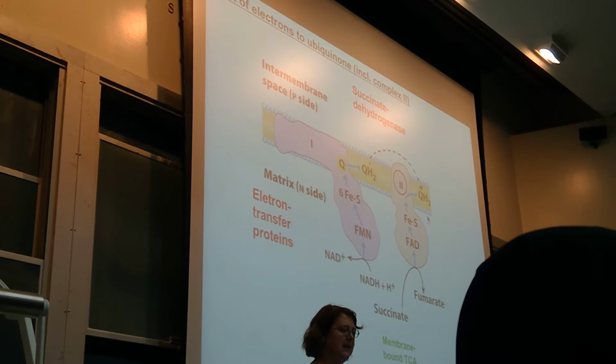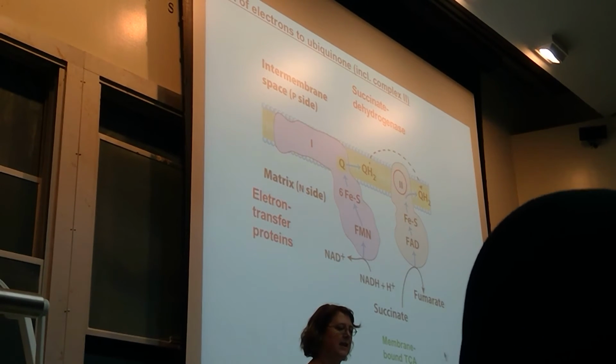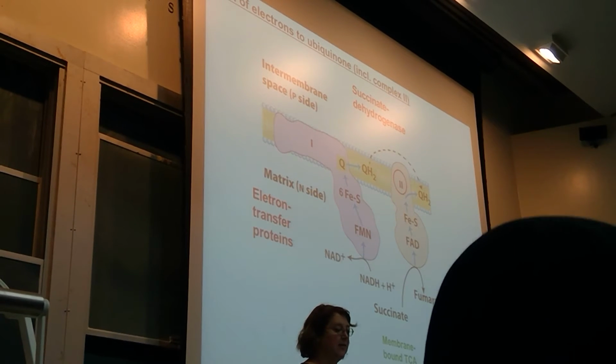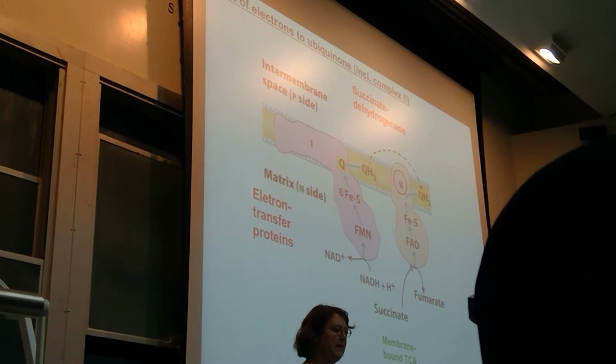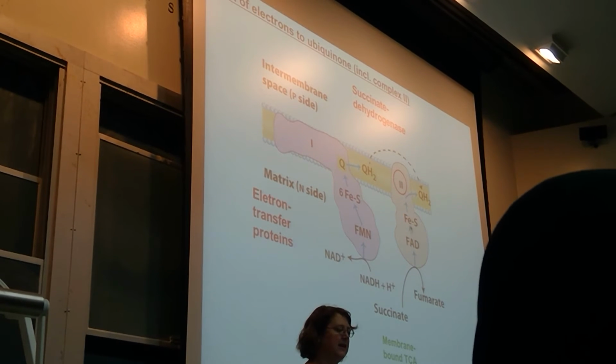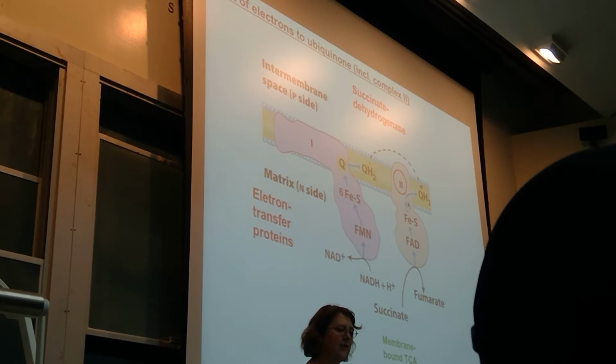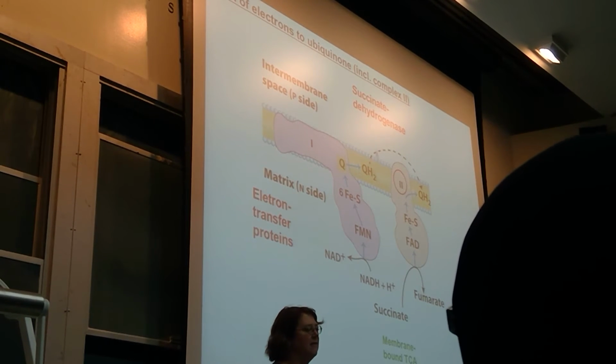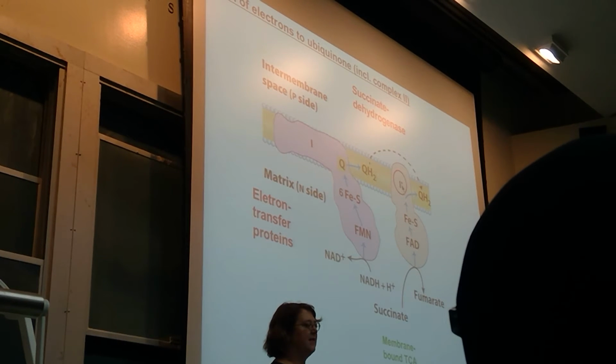Basically, you're getting succinate being converted to fumarate, passing electrons to FAD, FeS, another Q, which we'll see in a second, and then that forms more QH2. What this is showing you can be a little bit misleading, so we're going to look at it on the next slide and you'll see more drawings.